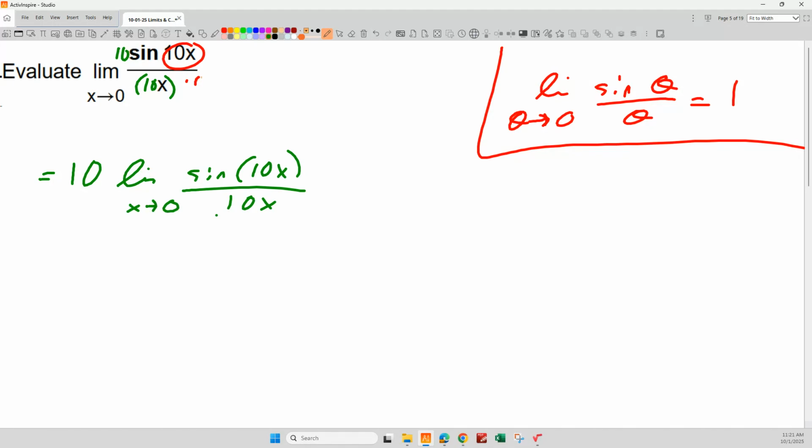And as x approaches 0, so does 10x, right? And so this whole thing approaches 1. Okay, and what's my answer? 10. Yeah.